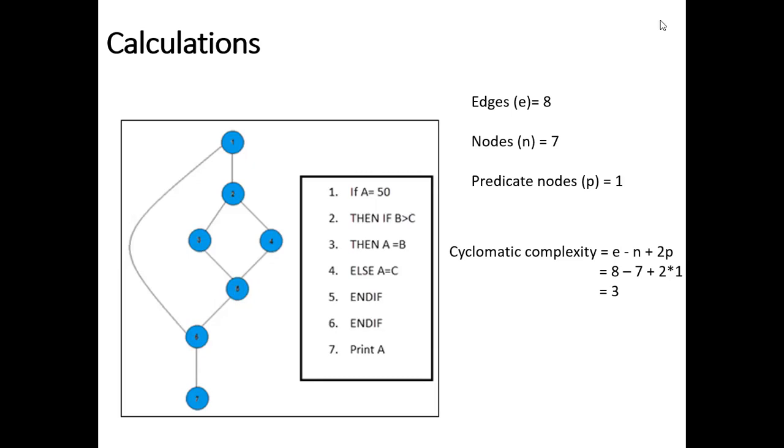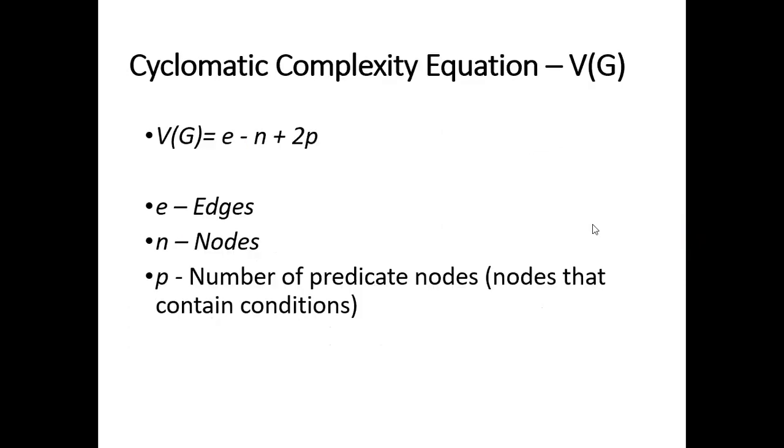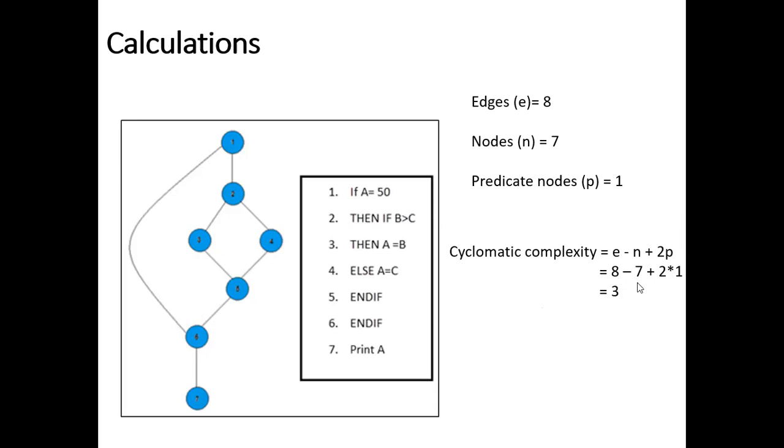And then we have one predicate node or condition node, right? If we apply these values to this formula, we can get 3. So I have got the 3, right?